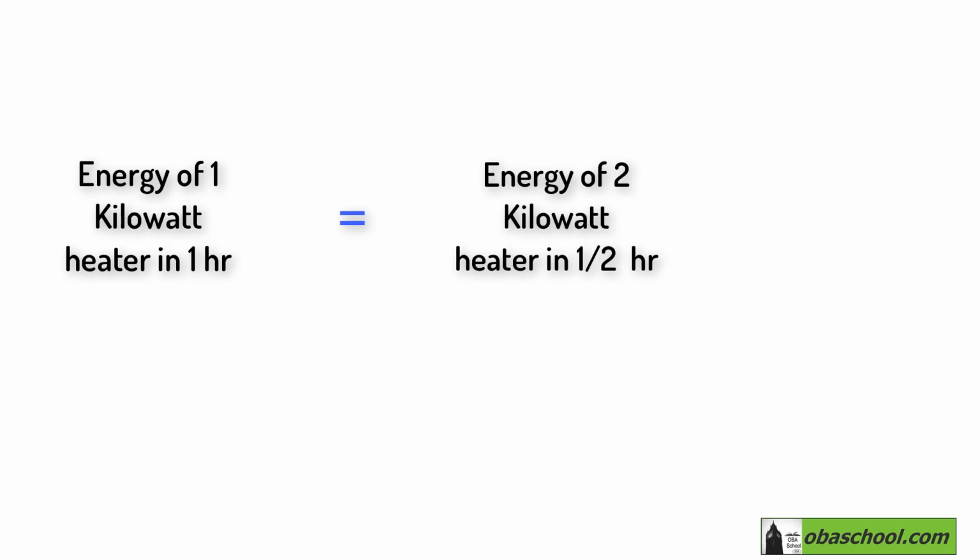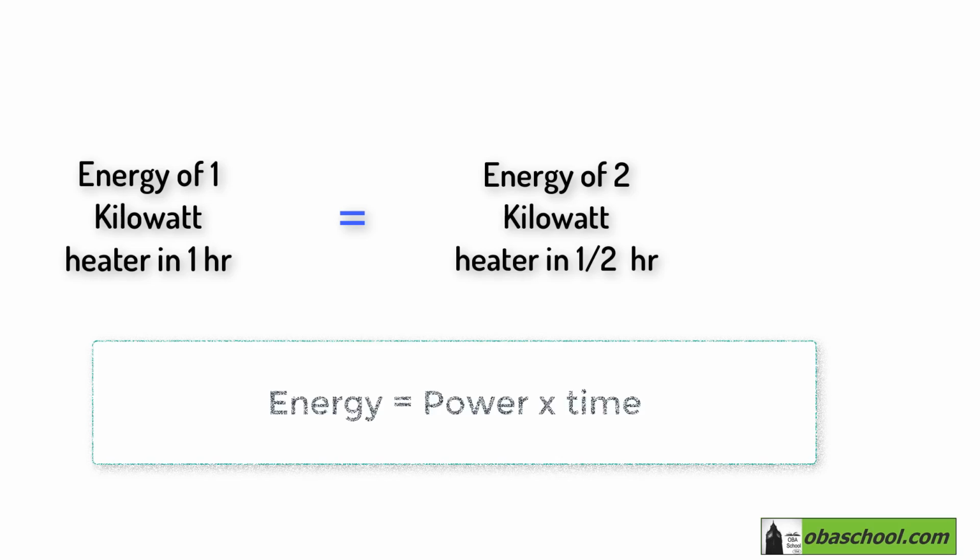And we can compare them using the following equation. The energy transferred from the mains, denoted by E in joules, is equal to the power P in watts multiplied by the time T in seconds.